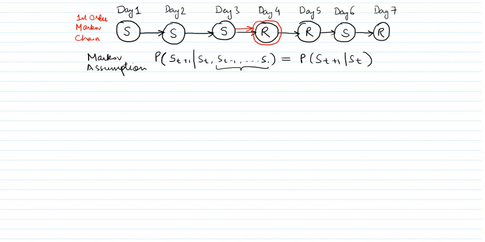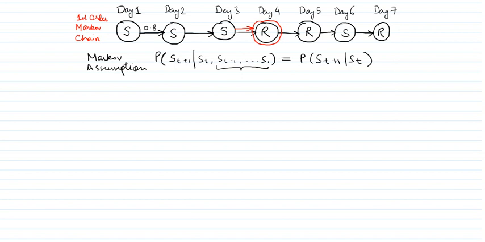So now if we have this Markov chain, how do we move on to the next state? So what does it mean? It means that P of S t plus 1 given S t is actually some probability value that is between 0 and 1. So if we are moving from sunny to sunny, there may be some probability value, suppose it is 0.8.